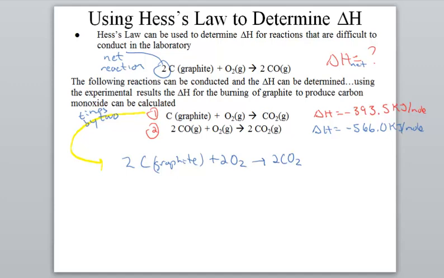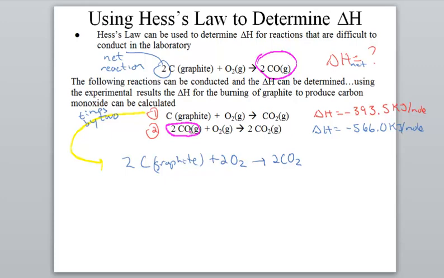As far as reaction number 2, sometimes you change the individual reactions to get the solution, sometimes you don't. But you have to look at the answer to decide what you're going to do to the individual equations that you're adding together. If we look at the net reaction, carbon monoxide is a product. In reaction number 2, it's a reactant.